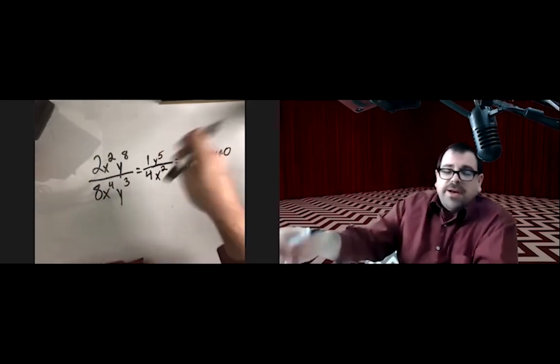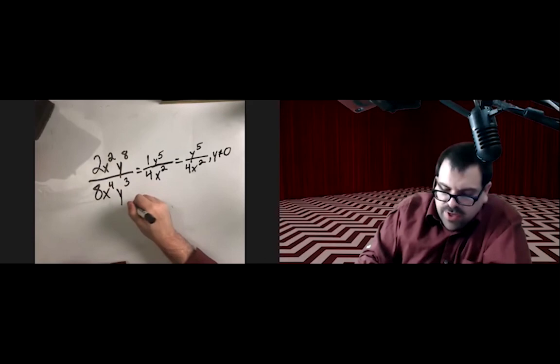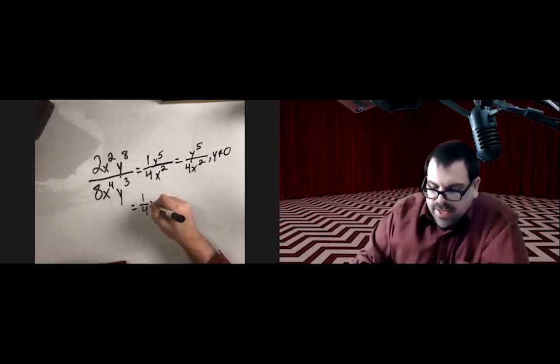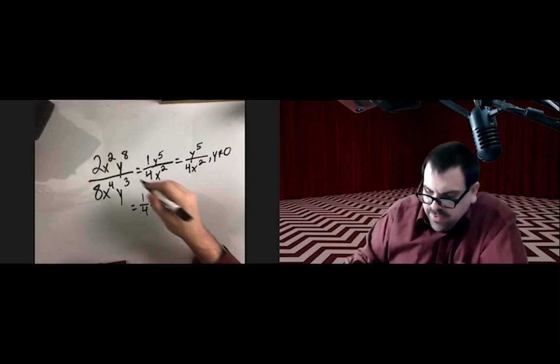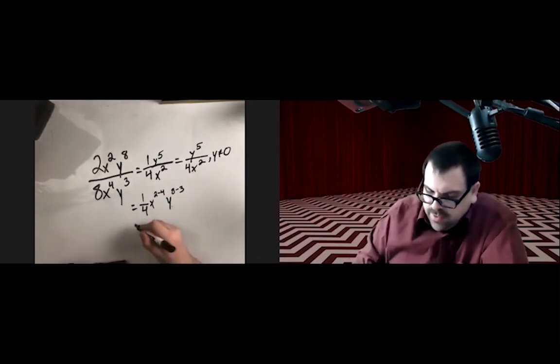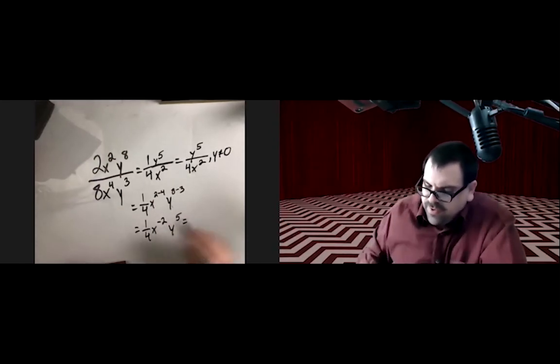So I had played the how many more where game, but again, we could have gone 2/8. That's 1/4. And then x to the top minus bottom, 2 minus 4. Y to the top minus bottom, 8 minus 3. That's 1/4 x to the negative 2, y to the positive 5th.